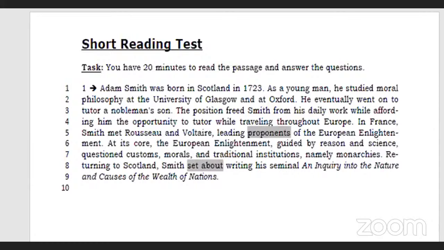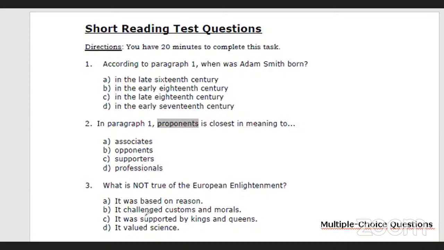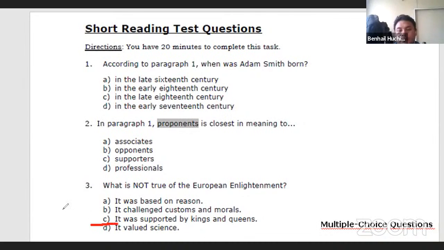Sure. I think it's the monarchies, kings and queens. It was supported by kings and queens. Okay, what do you think, Paulo? It's tricky, but yeah, C could be.